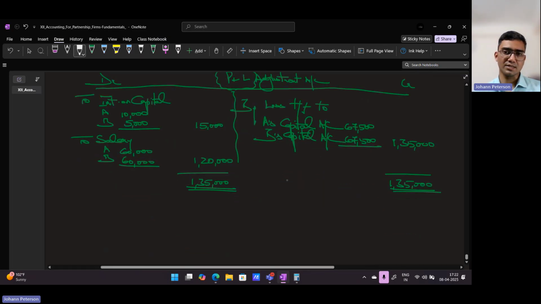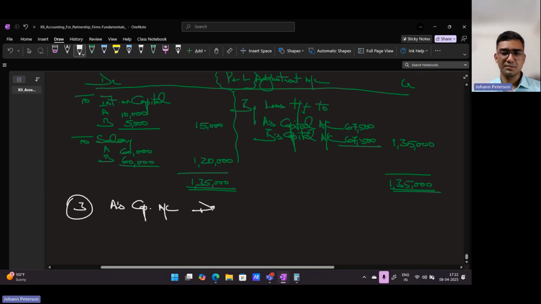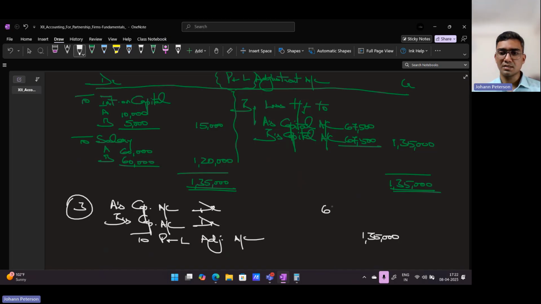So this also has to be passed, which would be A's capital account debit, B's capital account debit to P&L adjustment account. Amount will be 1,35,000, and this will be 67,500 and 67,500.